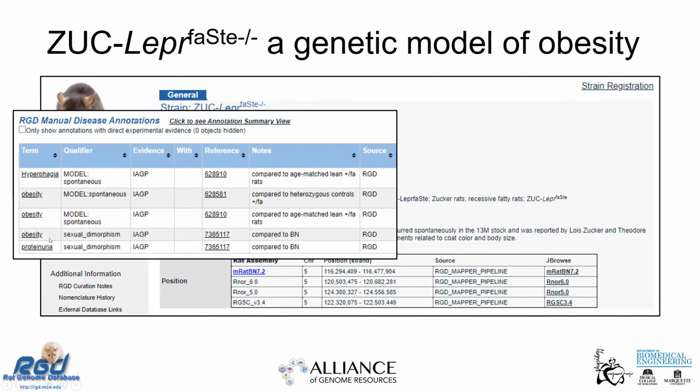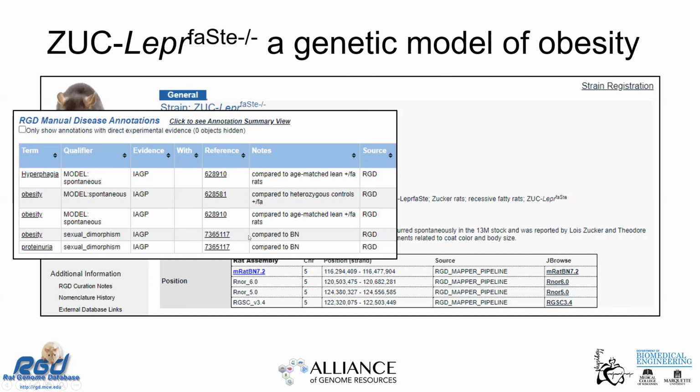So in addition to obesity, this strain is a model of hyperphagia, and also shows proteinuria in a sexually dimorphic fashion. And sexual dimorphism has also been seen for obesity in that particular rat.